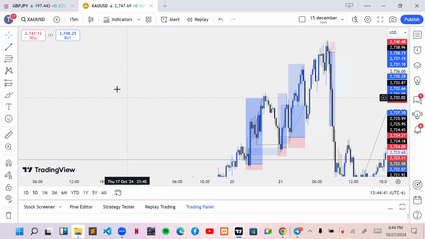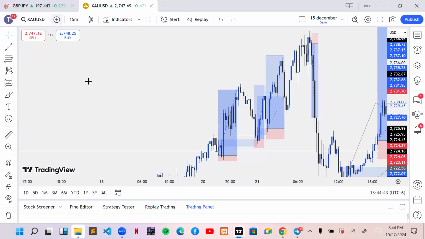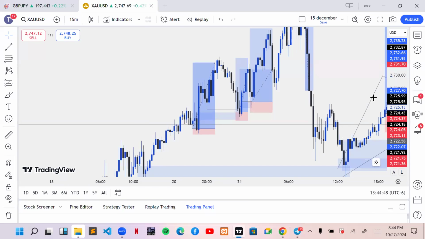So the buy setup I had on gold, the first setup actually is very simple.